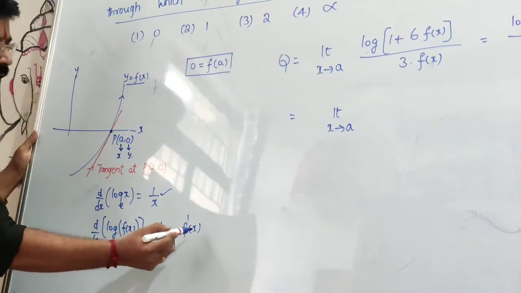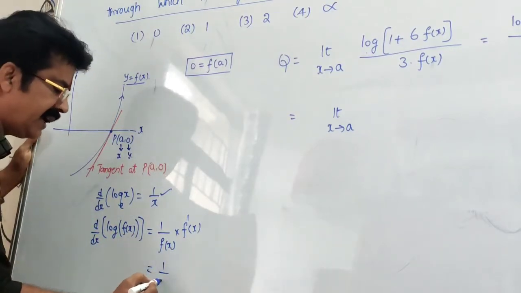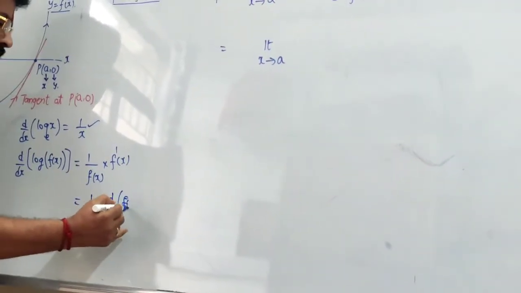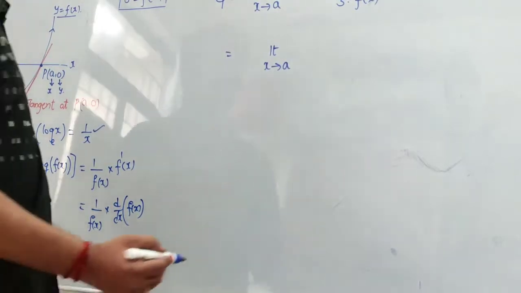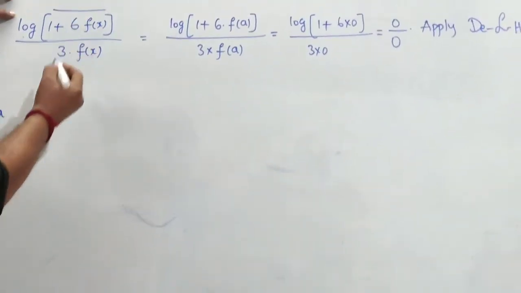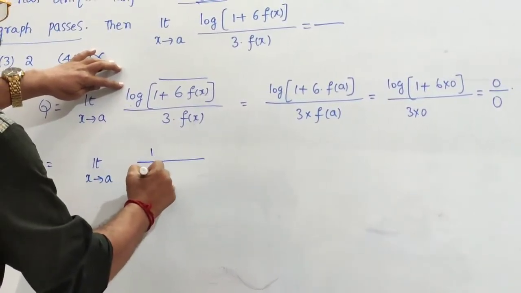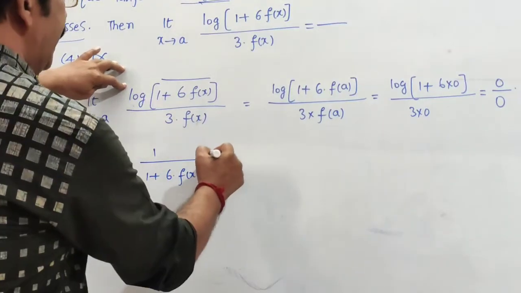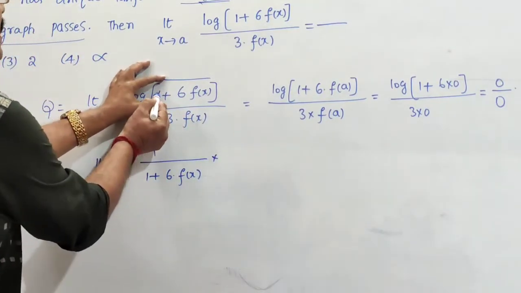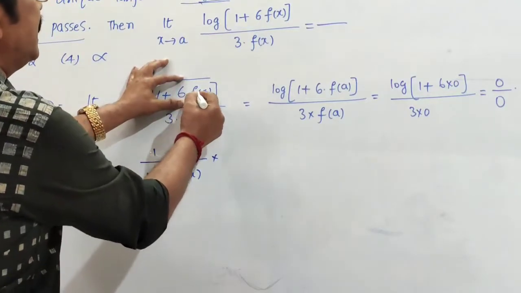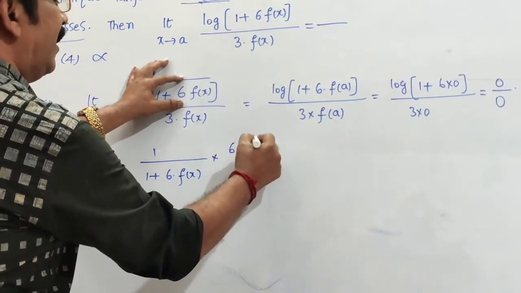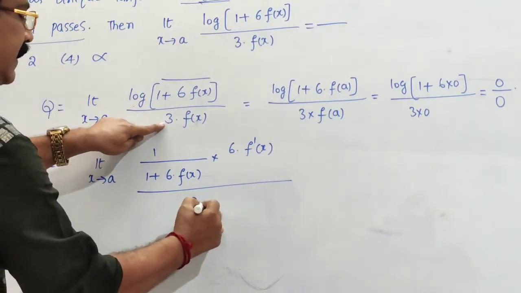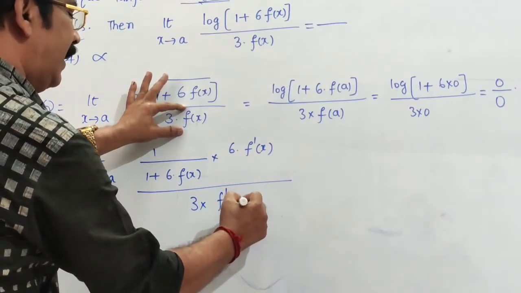F dash of x means d by dx of f of x. So log of f of x gives 1 by 1 plus f of x, into its derivative, d by dx of 1 is 0, then d by dx of 6 into f of x is 6 into f dash of x, whole divided by the denominator 3 into its derivative f dash of x.